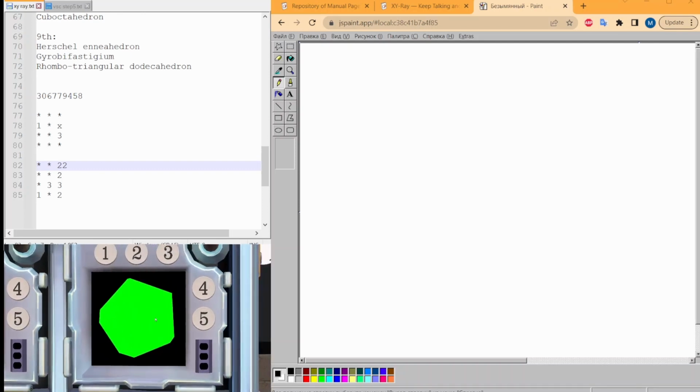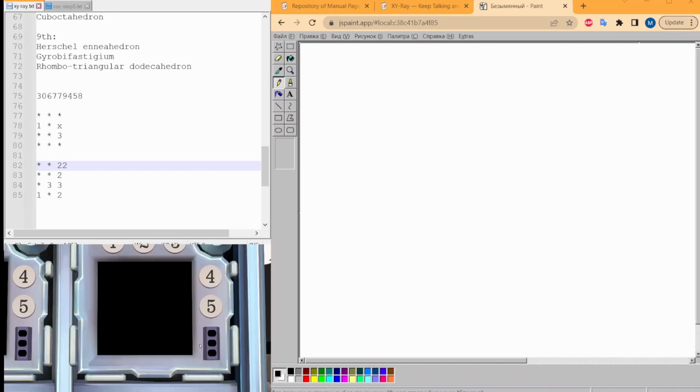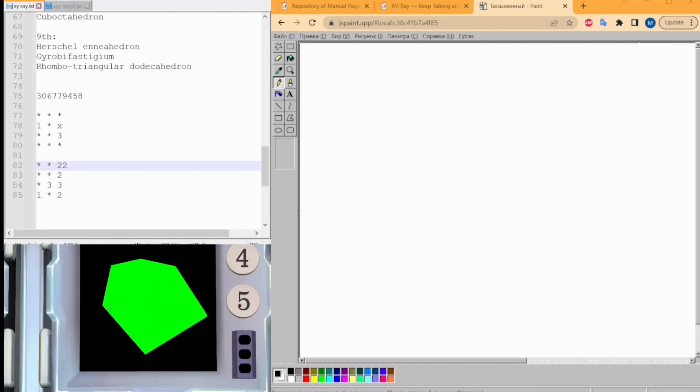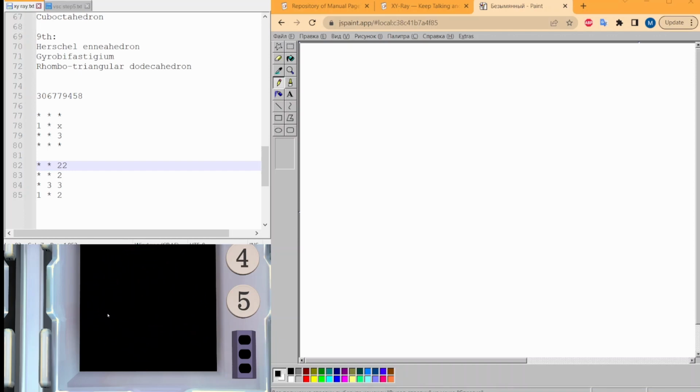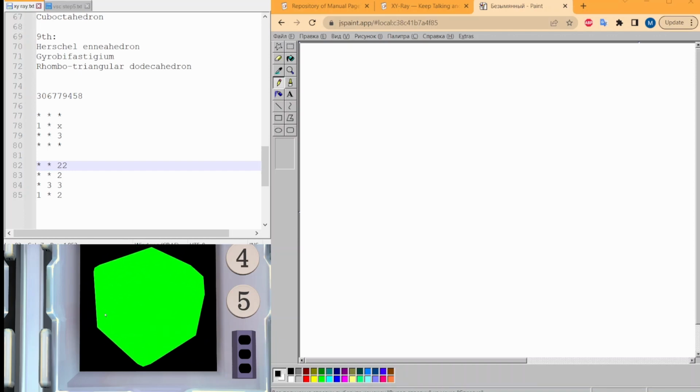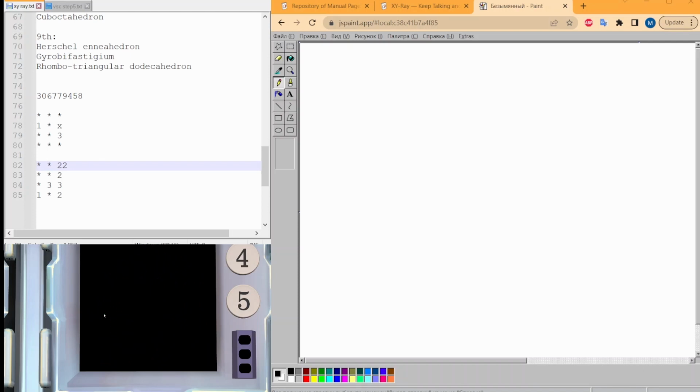Okay, but let's confirm there are actually more vertices with 4 connections. Let's take this for example. Yeah, this one had 4 connections because one, two, three, 4.